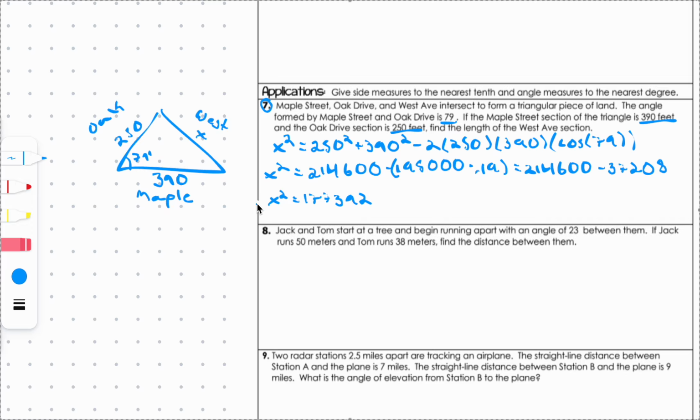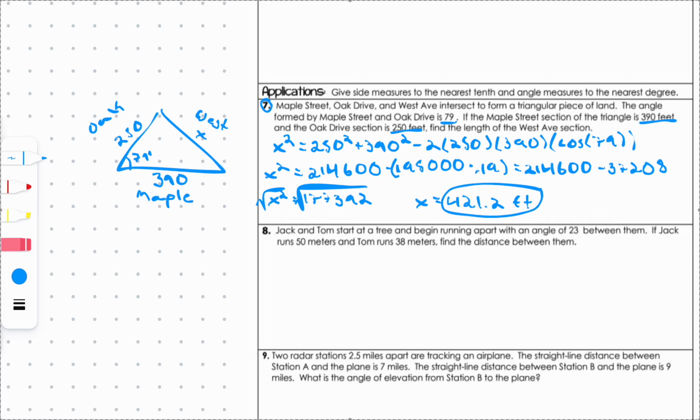When we take the square root of both sides, we get x equals 421.2-ish, and that would be in feet.